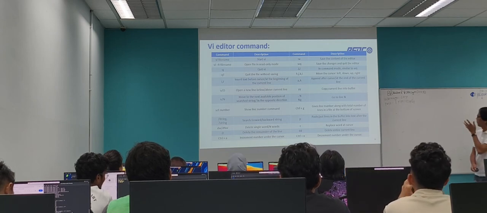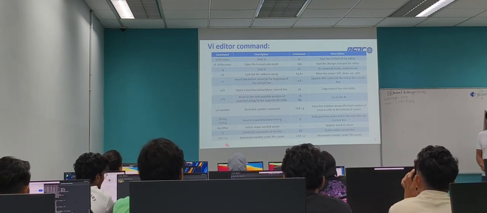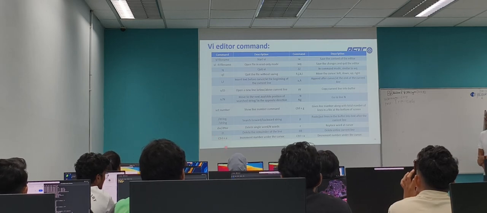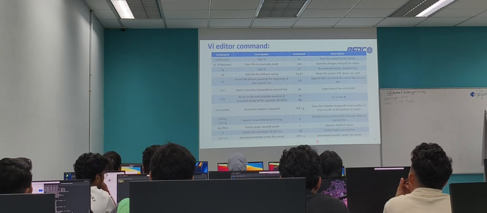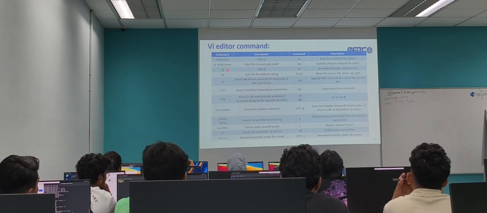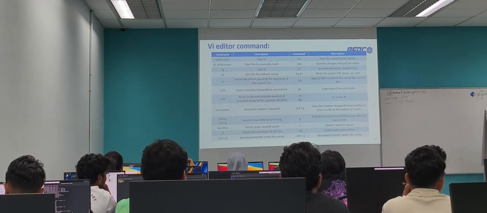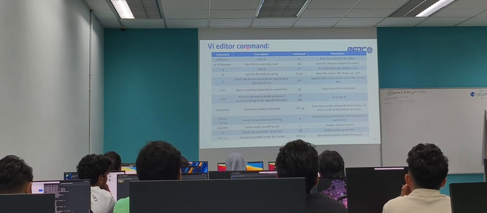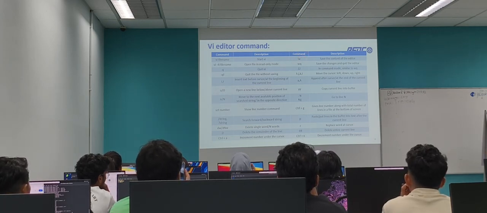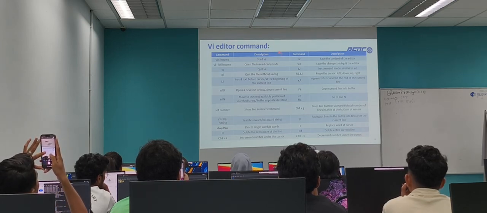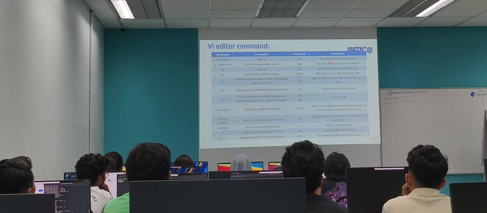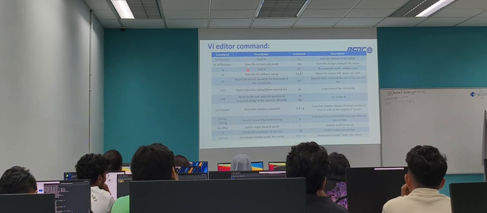Okay, here is a summary of the editor commands. You see the command vi, and vi minus R to open in read only mode. Another: colon q exclamation mark is to quit the file without saving.